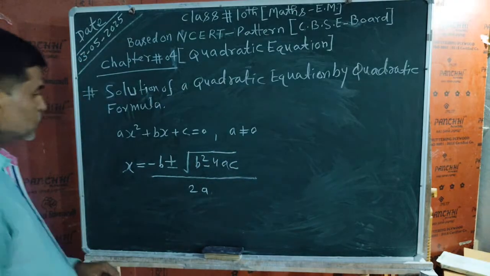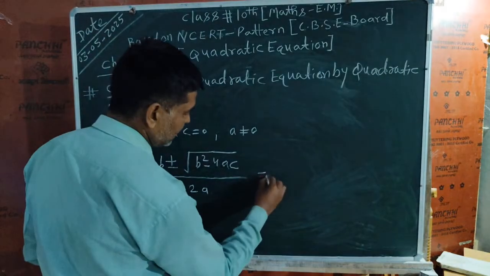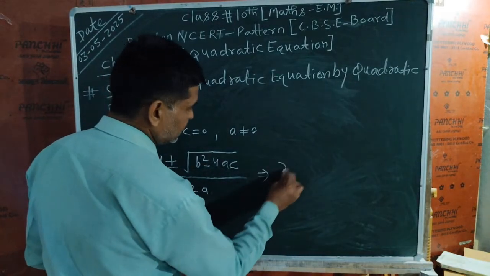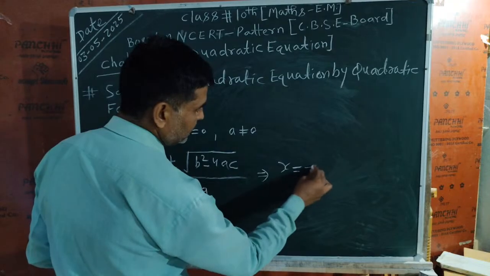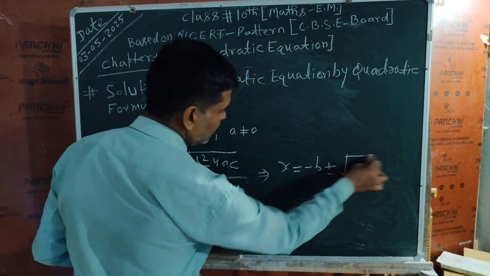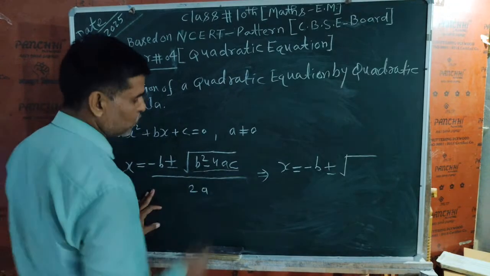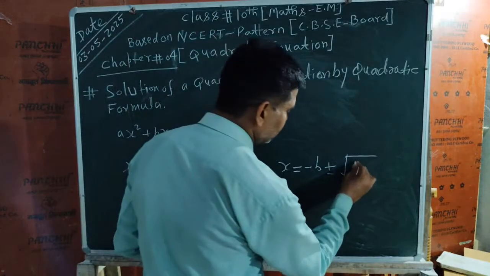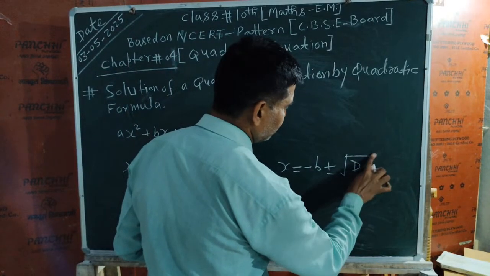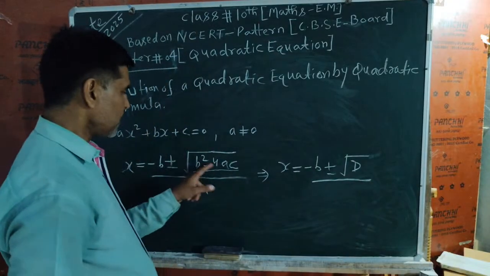Okay, student, so this formula can also be written in this format. x is equal to minus b plus minus root under, in place of b square minus 4ac, I will write D, and the meaning of D is discriminant, and its value will be b square minus 4ac.